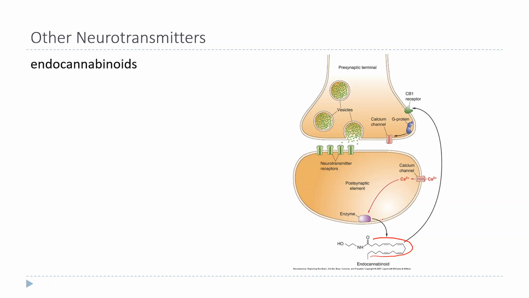Instead, the neurons that produce them, the molecule just crosses the membrane, and then it just diffuses over to the neuron that it's going to have its effect on. And then there are receptors for this molecule called cannabinoid receptors, or in this case, here it's called CB1, but that just stands for cannabinoid.